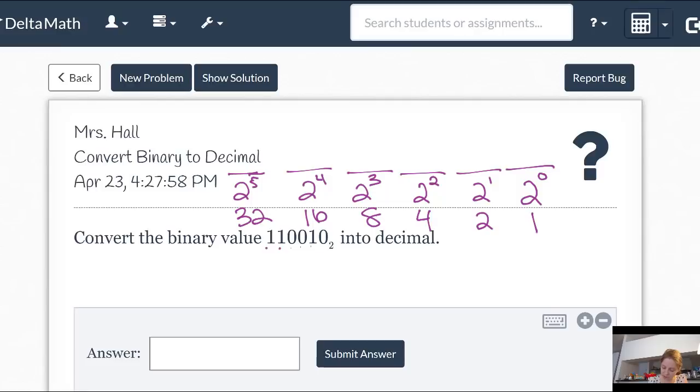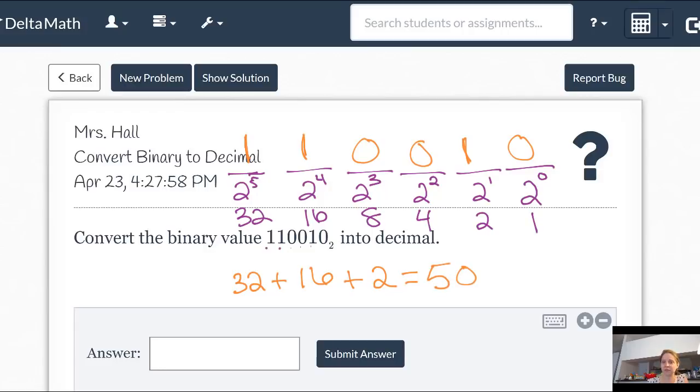It was 1, 1, 0, 0, 1, 0. So I have 1 times 32, which is 32, plus 1 times 16, which is 16, plus 1 times 2. So 32 plus 16 is 48, plus 2 is 50. The answer here is 50.